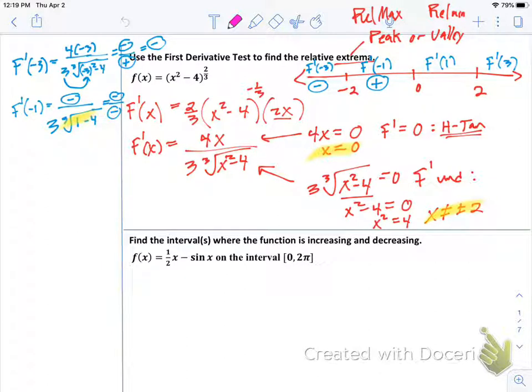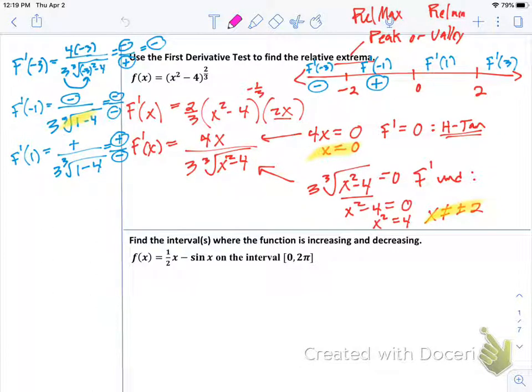On to testing 1. So the first derivative test is testing the first derivative at values between the critical values to determine if the slope is positive or negative, because that will be indicative of the whole region between the critical values. If I put in positive 1, it's the same thing I got last time, except the numerator is positive and the denominator is negative. That makes it negative.